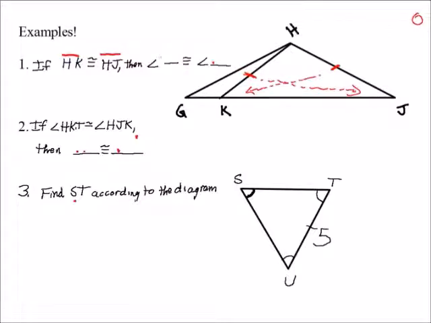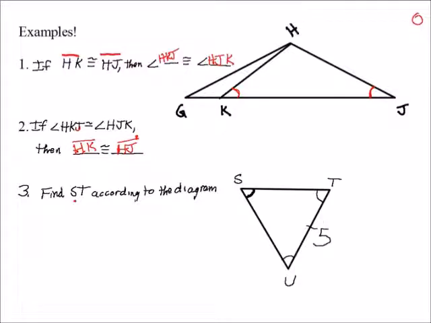So I know that angle HKJ has to be congruent to angle HJK. And for problem 2, if angle HKJ, so here's that angle, is congruent to angle HJK, here's that angle, then we know that the sides opposite have to be congruent. So side HK has to be congruent to side HJ.